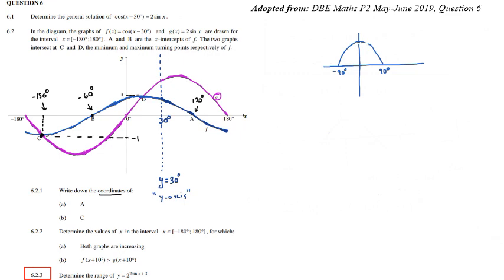Where it starts, that is a maximum. Notice that that maximum, like for a parabola, is the midpoint between these two coordinates. So 90 degrees plus minus 90, divided by 2, will give you 0 degrees, which is that.